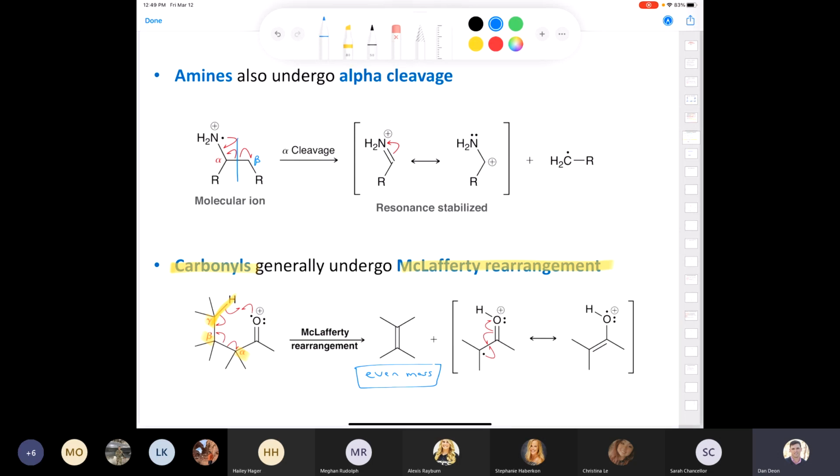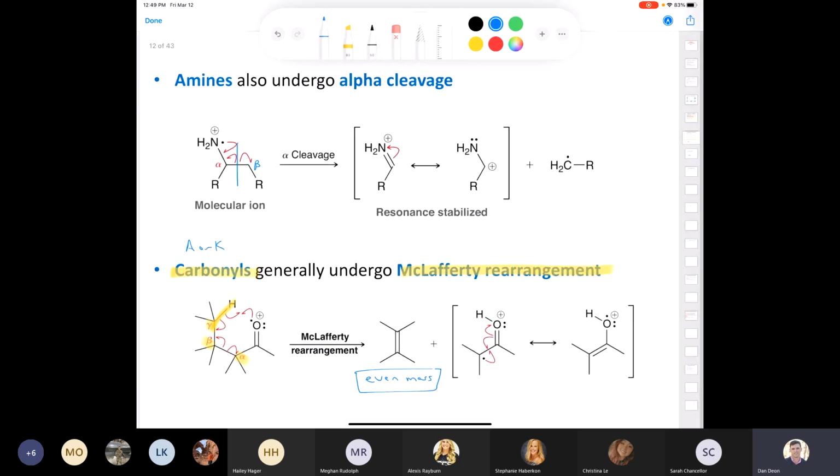So we could even write that down: aldehyde or ketone with at least one hydrogen attached to the gamma carbon. You could even frame that another way.